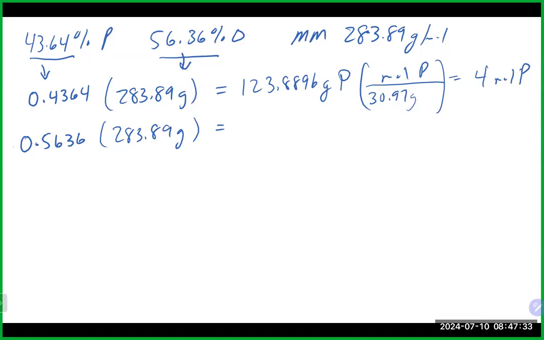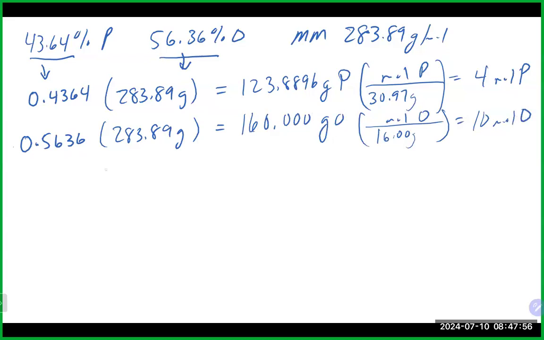So 0.5636 times 283.89 gives us 160.00 grams of oxygen, divided by the molar mass of oxygen, from the periodic table, which is 16 grams per mole. And that would get us basically 10 moles of oxygen. That would give us not our empirical formula, but our molecular formula right here.